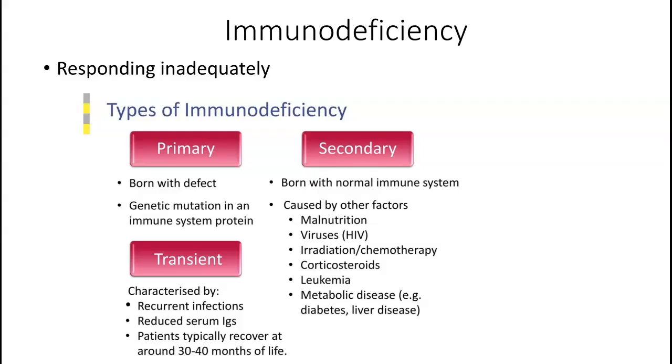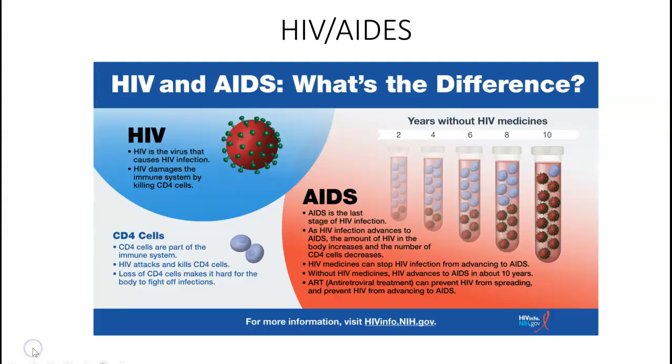This is more common, I should say. So maybe somebody's malnourished, they're busy fighting other diseases, they have immunodeficiency from a virus like HIV, or maybe they have some other disease, or they're on immunosuppressants. So secondary is typically what we see more often.